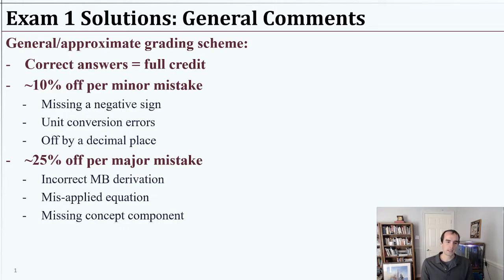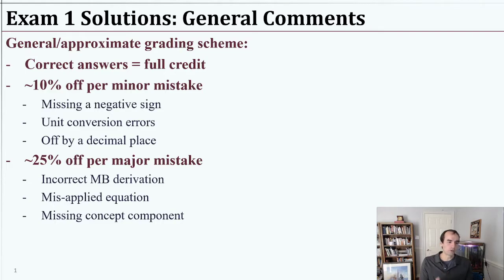And then if there's more problems than that, let's say you used the wrong reactor type for a mass balance, or you completely missed a concept, but everything else was pretty much the correct process, that would be about 25% off of that problem.